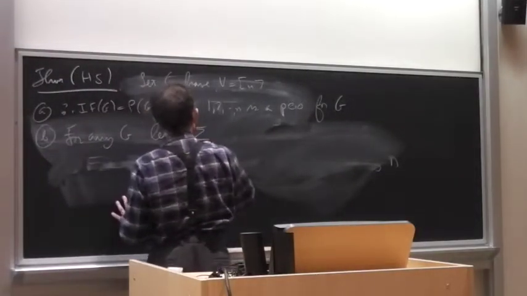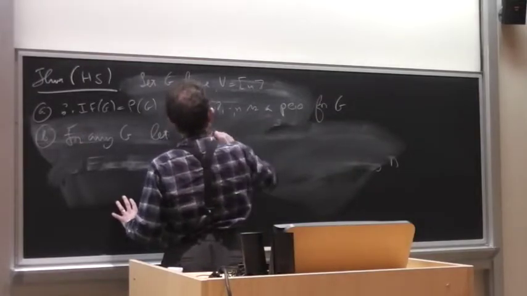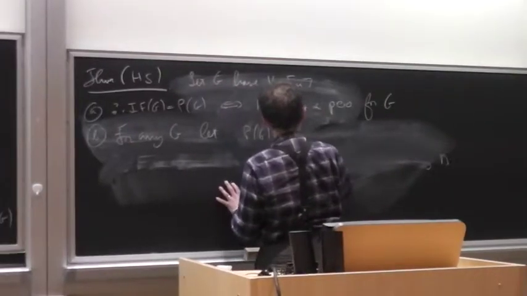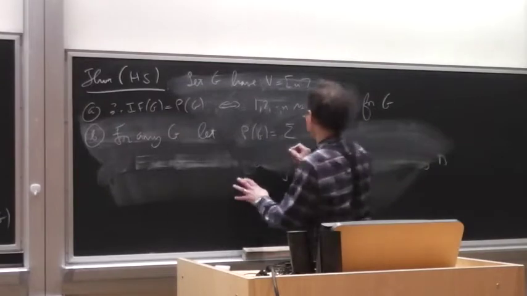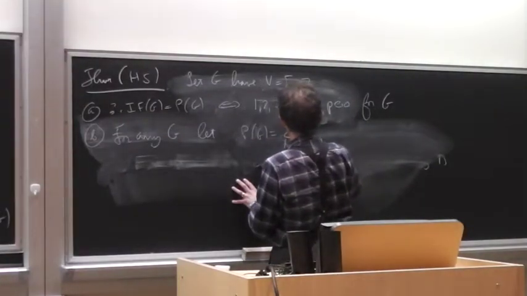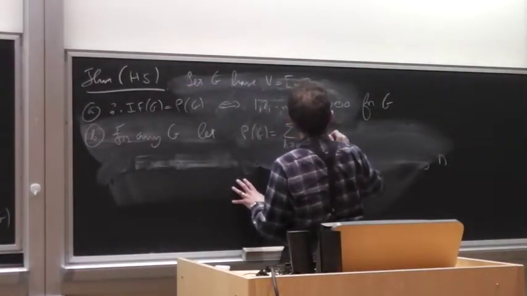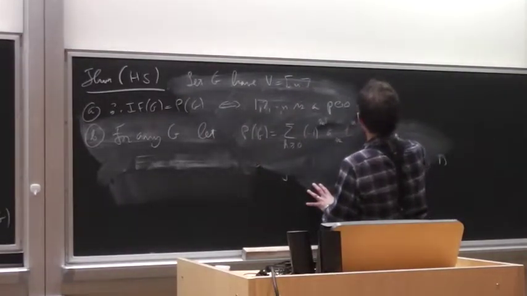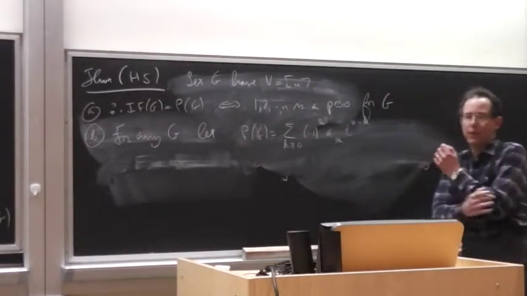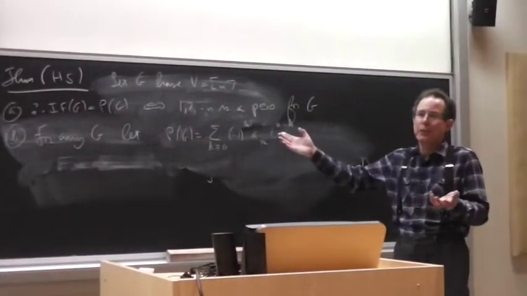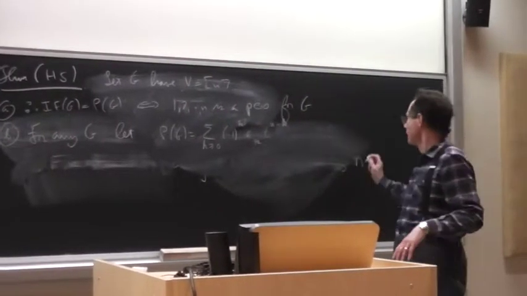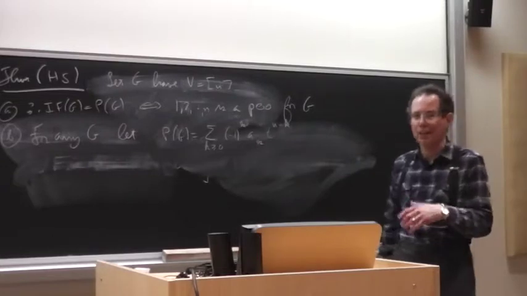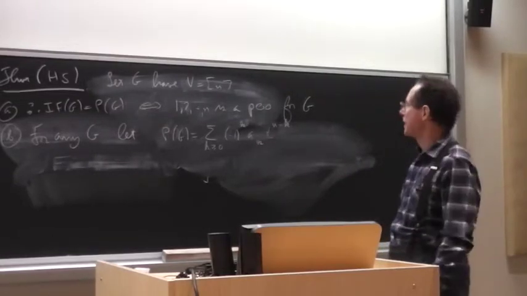Suppose, and now we're assuming what we were discussing before, that the chromatic polynomial is a polynomial in t, and we can in fact write it as the sum of some coefficient a_k times t to the n minus k. You can always do that for any polynomial. I'm assuming also that it has degree n here. I'm going to assume things about the chromatic polynomial. I might as well assume everything I need.